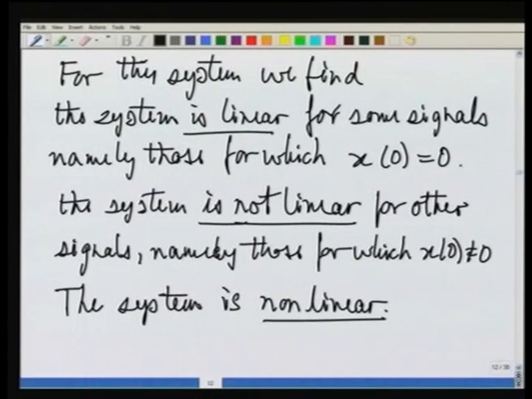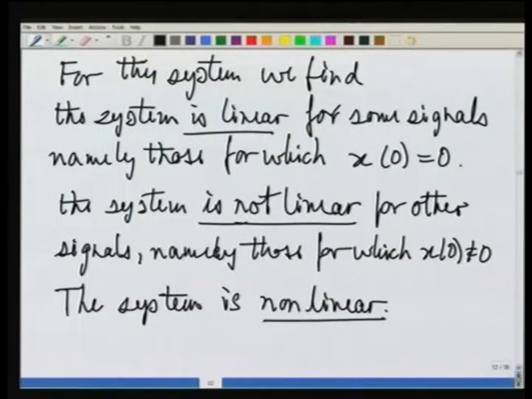Let me summarize what was very special about this particular example. This is the first example that we have considered so far, where the system behaves with different properties, exhibits very different properties depending upon which signal is applied. For certain signals it shows linearity properties, for certain signals it does not exhibit linear properties.